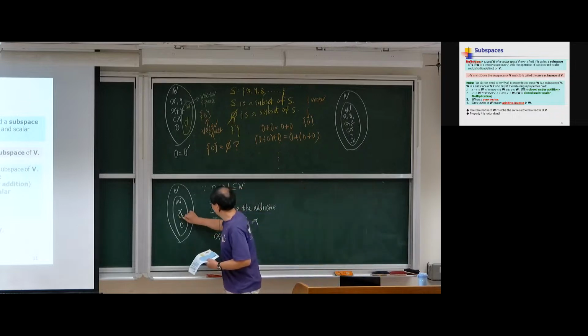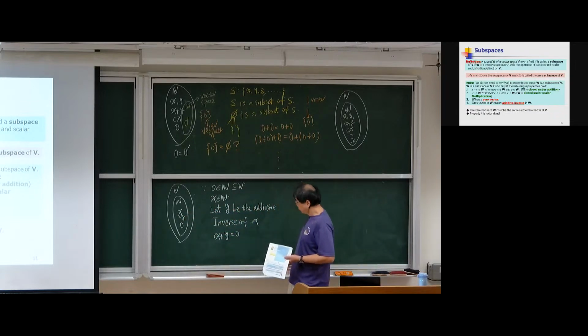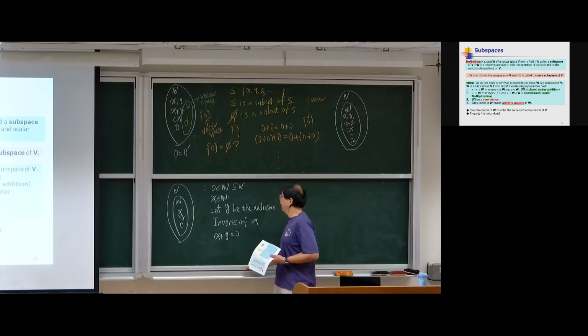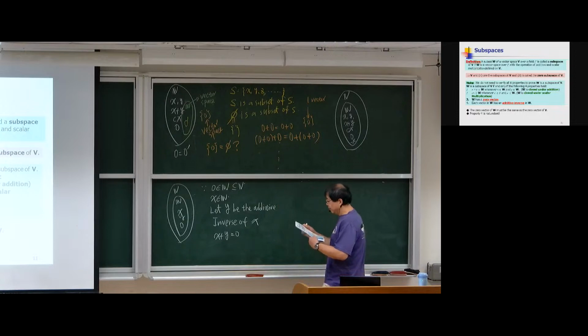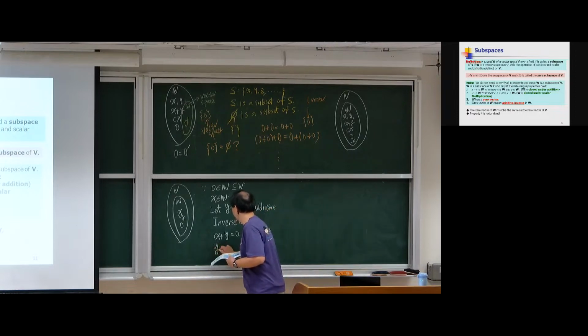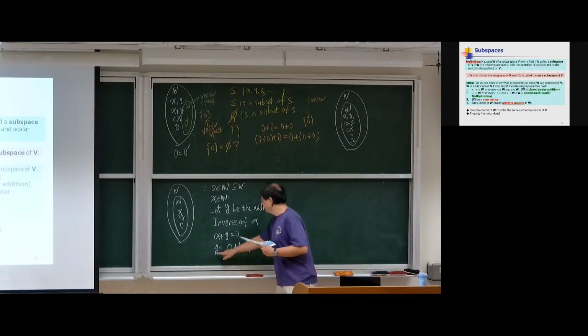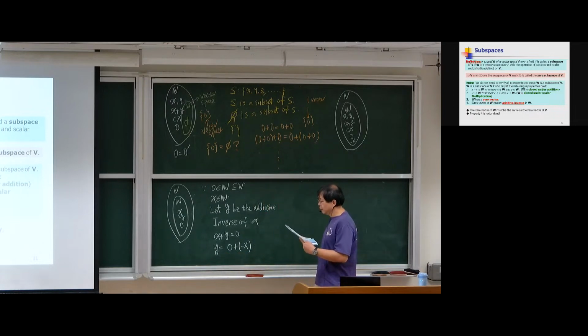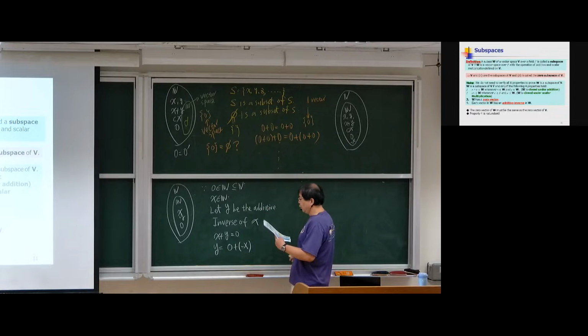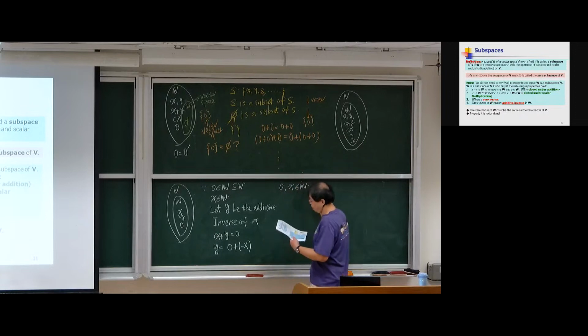So Y is the additive inverse of X, so X plus Y equals 0. Then we know that Y equals 0 plus minus X. So because 0 and X belong to W, then minus X is a scalar multiplication.